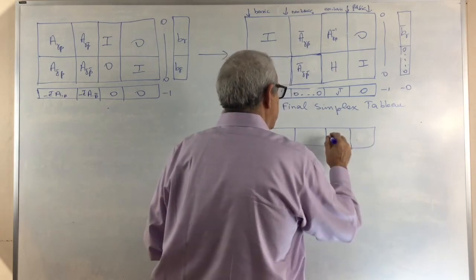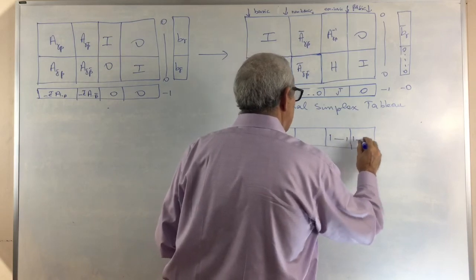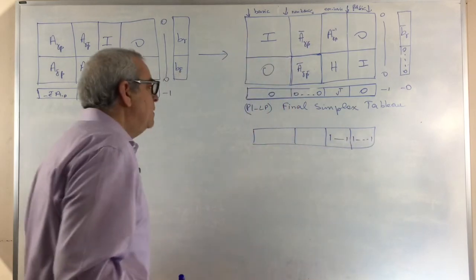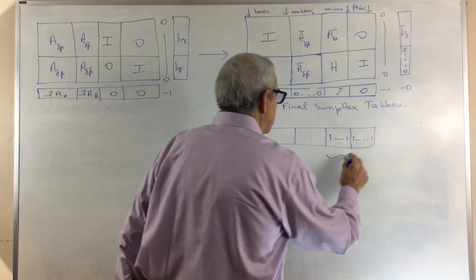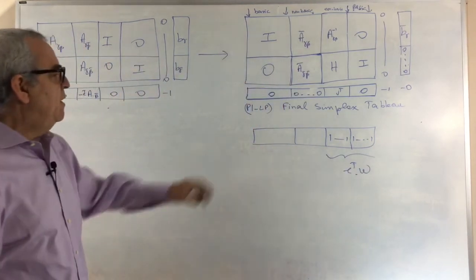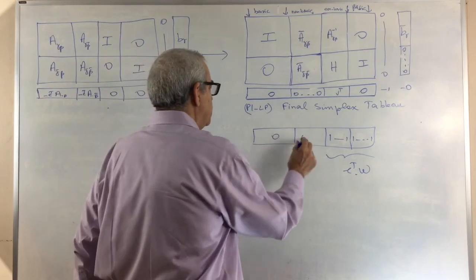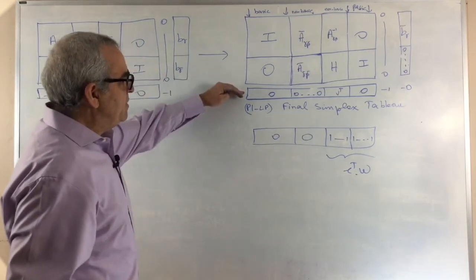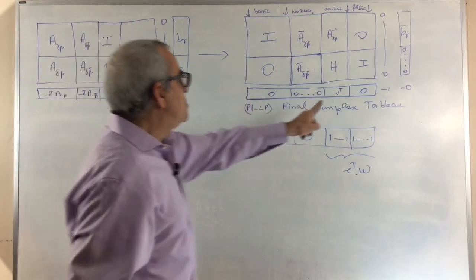This is just a series of ones, right? This corresponds to E transpose W, all right, over there. And here goes 0 and 0. So we obtained this by putting a 0 here.